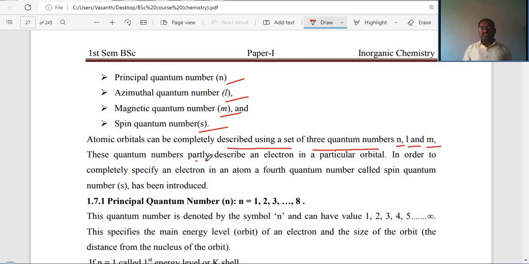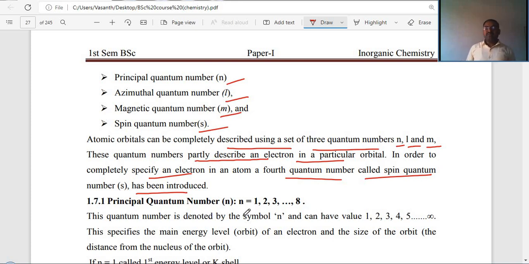These quantum numbers partly describe an electron in a particular orbit. In order to completely specify an electron in an atom, a 4th quantum number, called the spin quantum number, has been introduced.